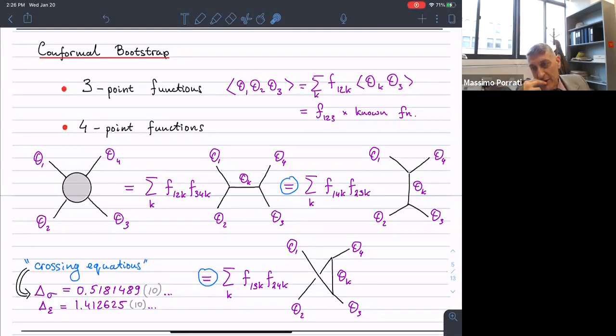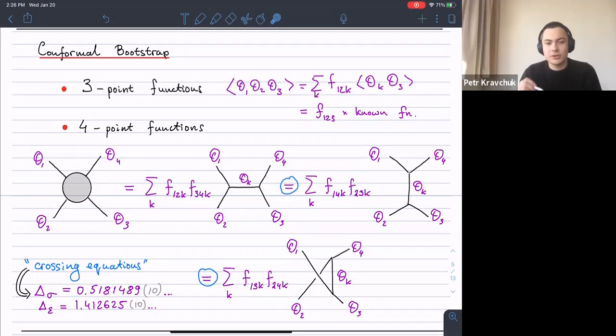Under Virasoro. In 2 dimensions, as far as I remember, sigma, epsilon, and identity are the primaries under Virasoro, and this is a finite system, and you can solve it.